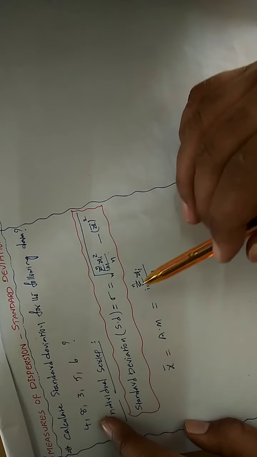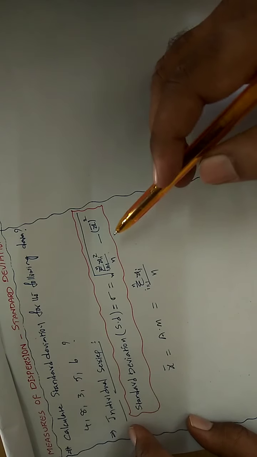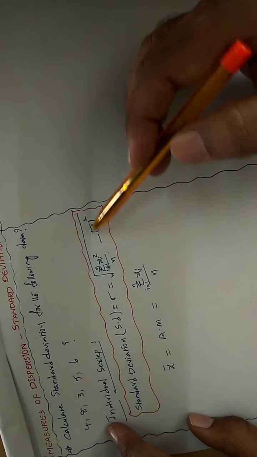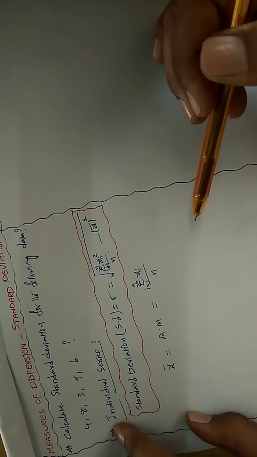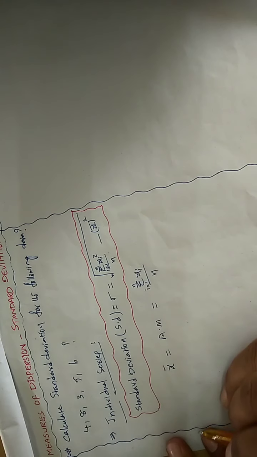Now, if you see the given data, this is the individual series. That means the given values are xi values. For that, what is required? We need to calculate the squares of the given values as well as the mean. So for that I am opening a calculation table.